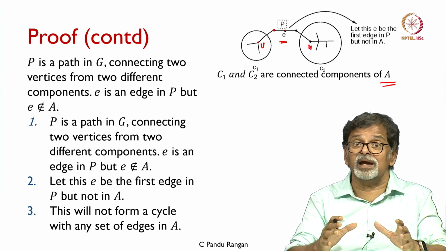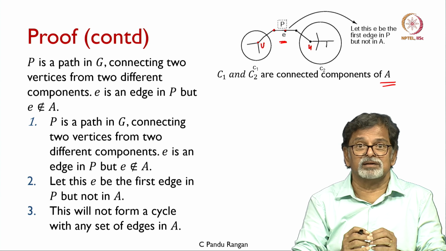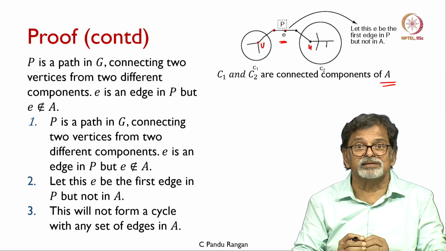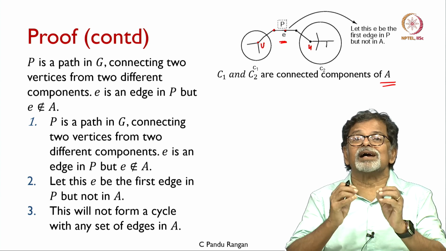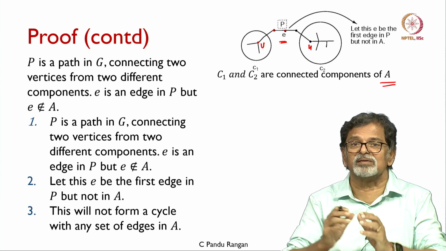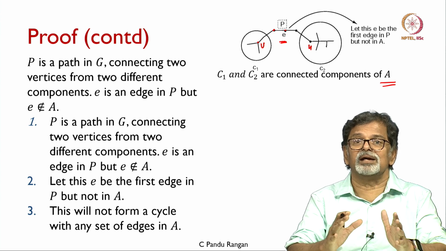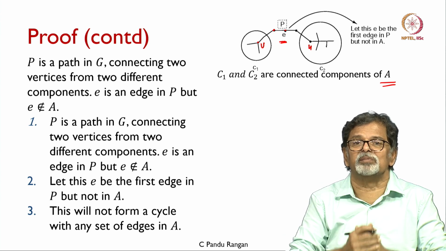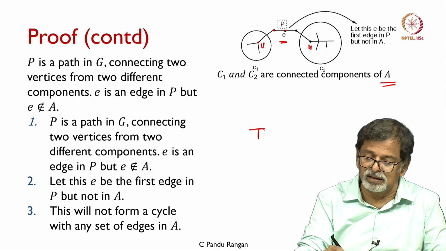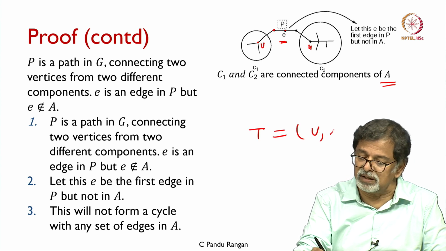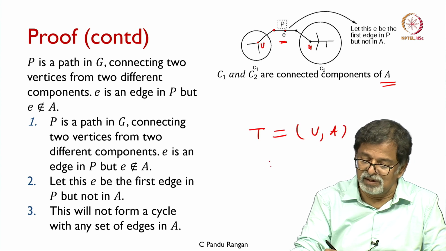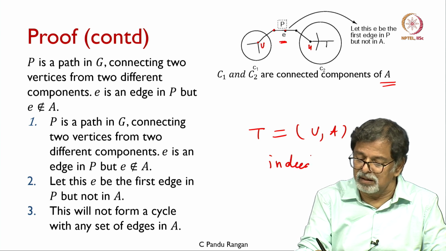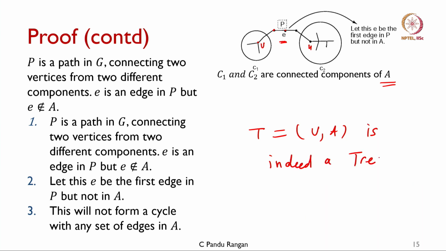That means A is a single component, which means A is connected. That is, A is a connected acyclic graph. Therefore, A is in fact forming a tree. T equal to (V, A) is indeed a tree.